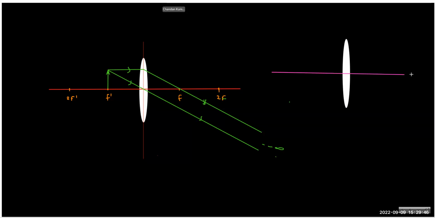The moment you go less than the focal length, if you choose any extended object, the light ray that travels parallel will pass through the focus, but the light ray that travels through the center will pass without deviation.